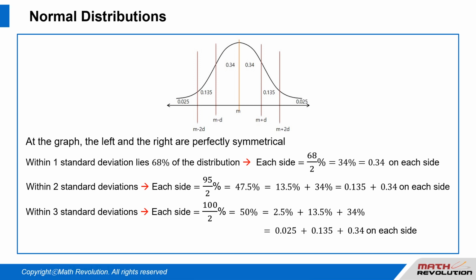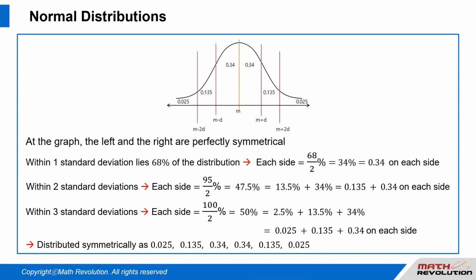Within three standard deviations, each side is 100 over 2%, equals 50%, equals 2.5% plus 13.5% plus 34%, equals 0.025 plus 0.135 plus 0.34.